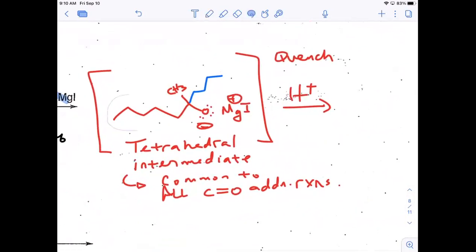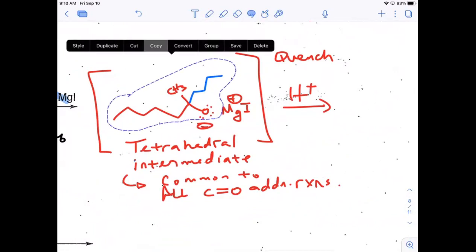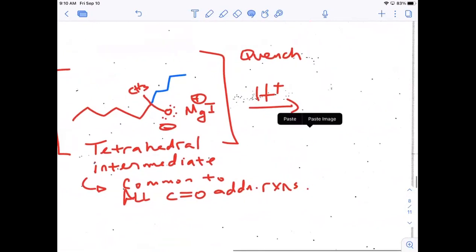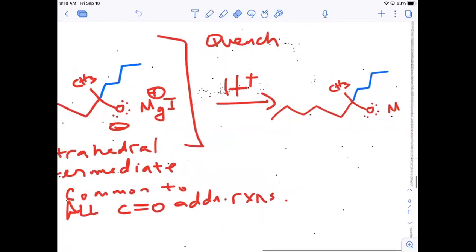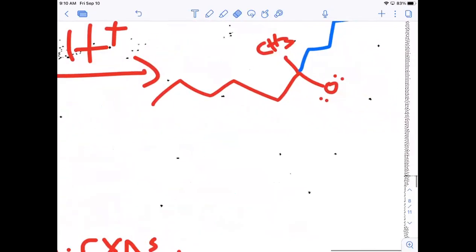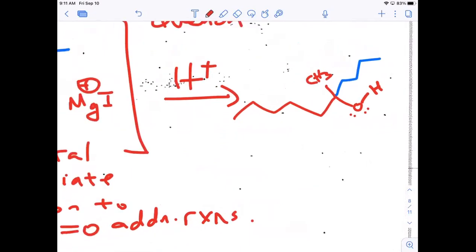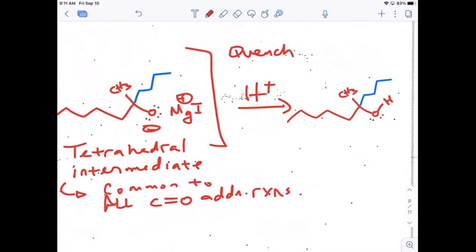I'm going to cheat and see if I can copy this. Paste it over here. All right, and that's my final product, which is an alcohol.